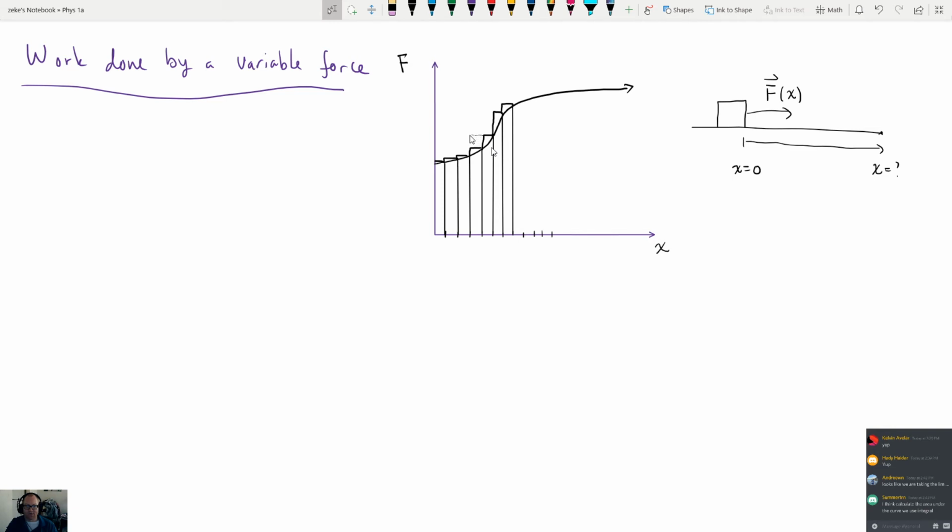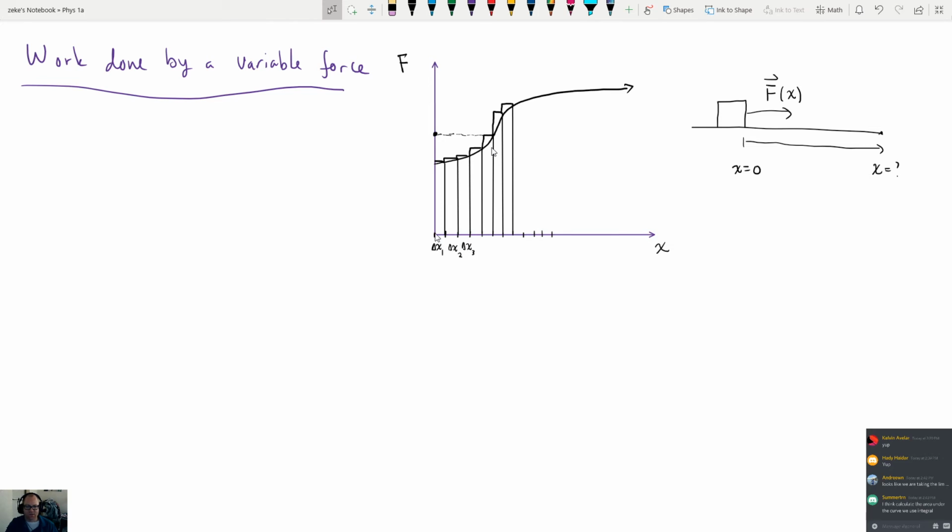If I come over here and look at the place where that meets this axis right here, that's going to be the value of the force at that point. So here's what we're going to do. We're going to label these. The first displacement down here, I'm just going to call delta x1. The second displacement, I'm going to call delta x2. And then delta x3, and so on and so forth.